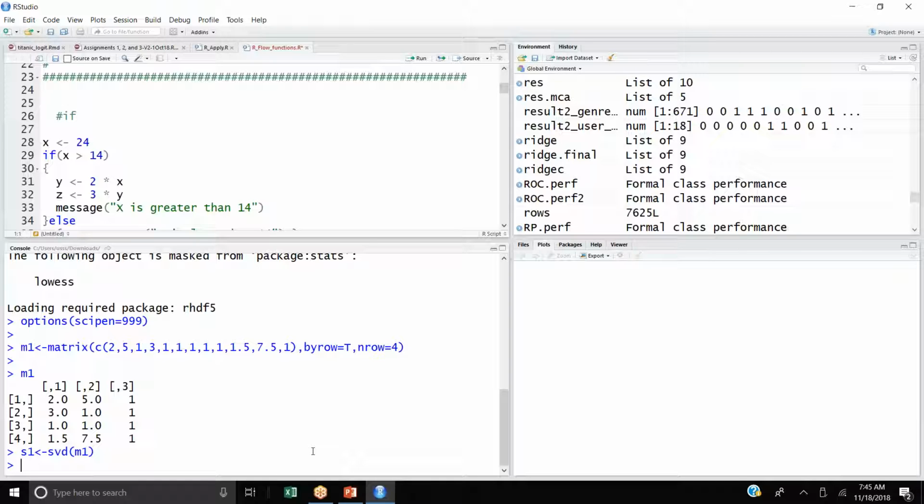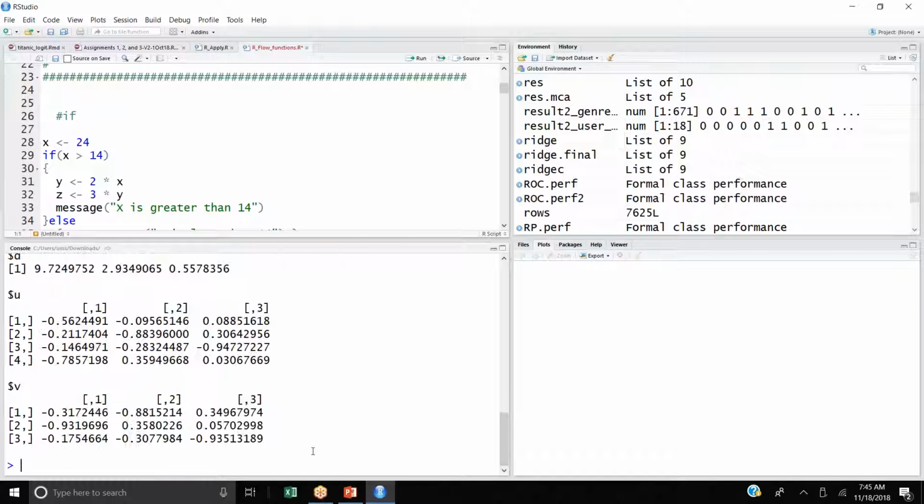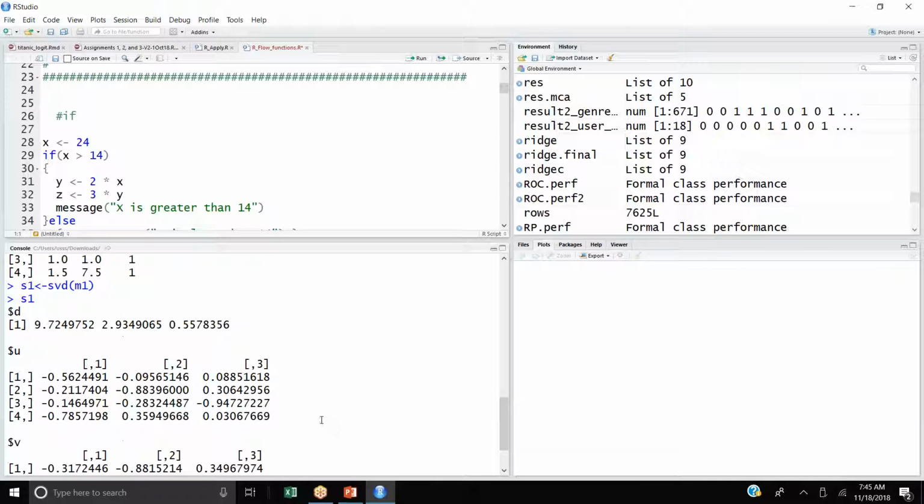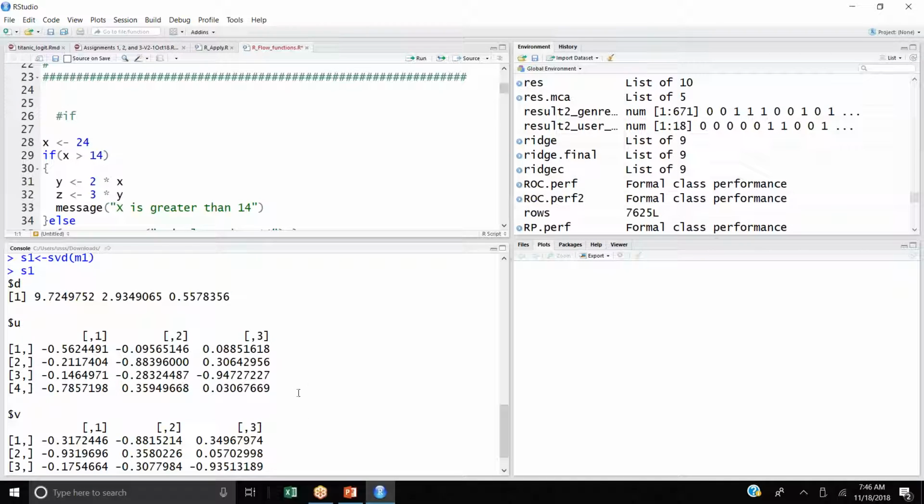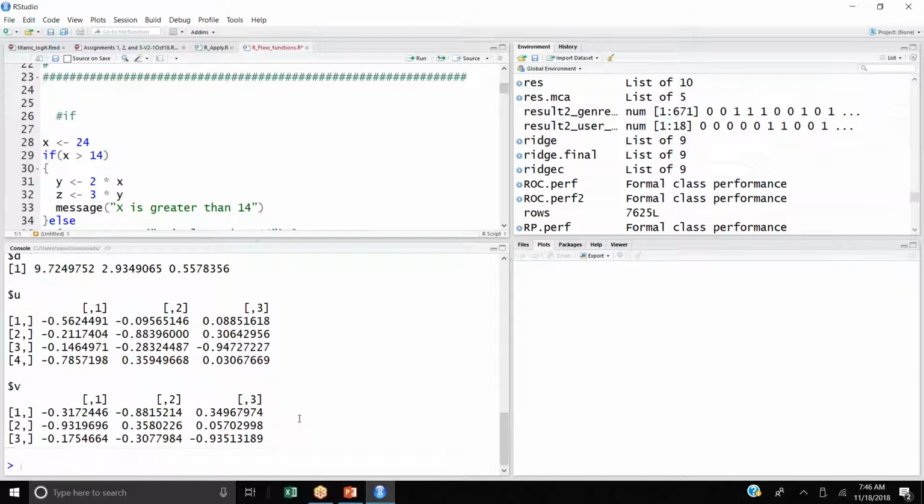It did it, and what does S1 contain? It shouldn't be surprising that it contains singular values, which are called D, and then the U matrix and the V matrix. So far so good.